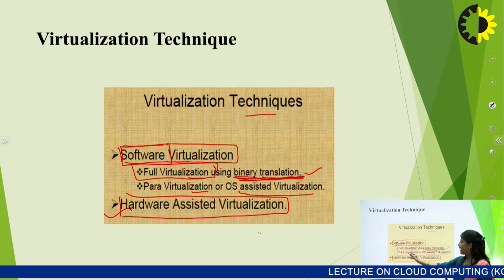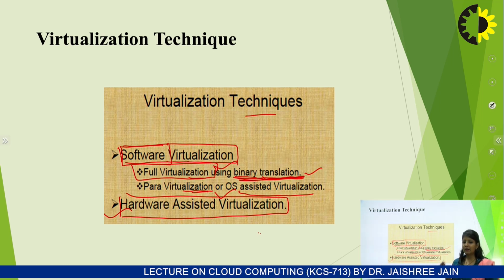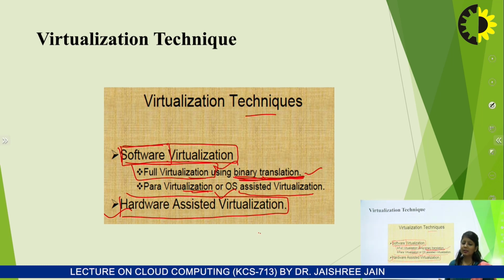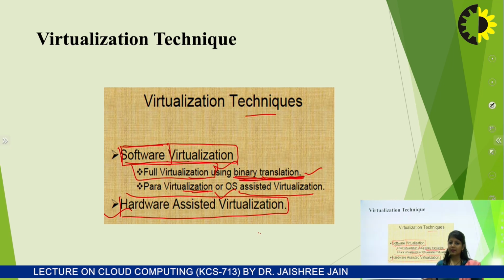So para virtualization is the partial virtualization, and full virtualization is fully translated into binary form, and all kinds of hardware we can get into software form, and all the virtual machines will easily get the resources, and different virtual machines can run in an isolated manner.